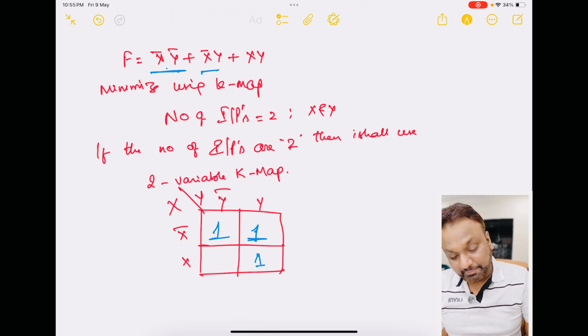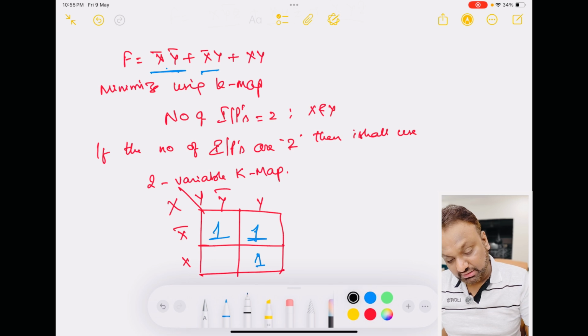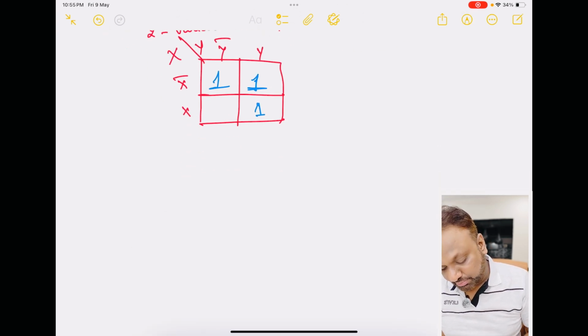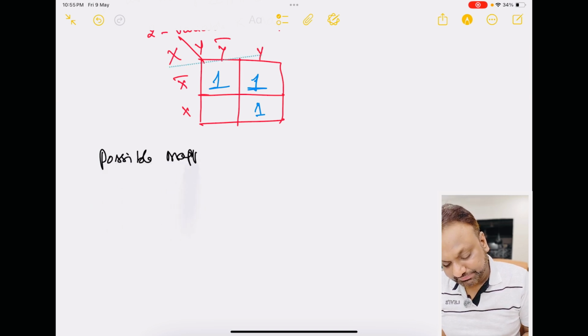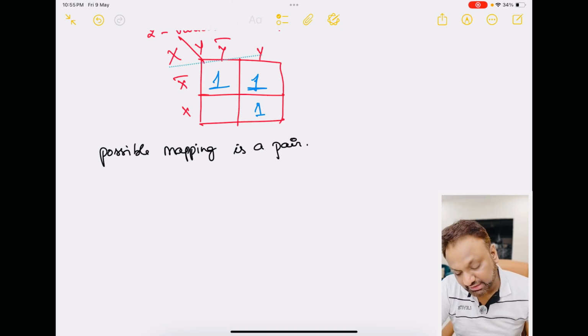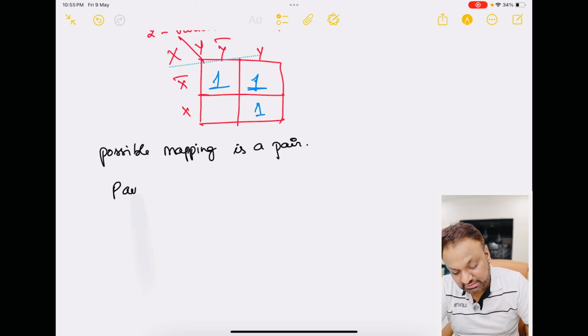In a two variable KMap, the possible mapping is a pair only. So what is a pair? A pair is two ones adjacent to each other.